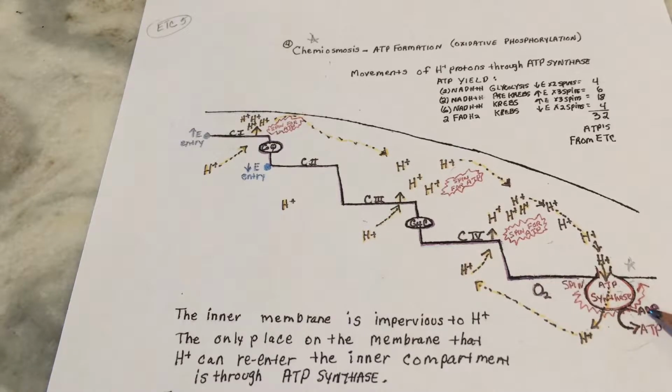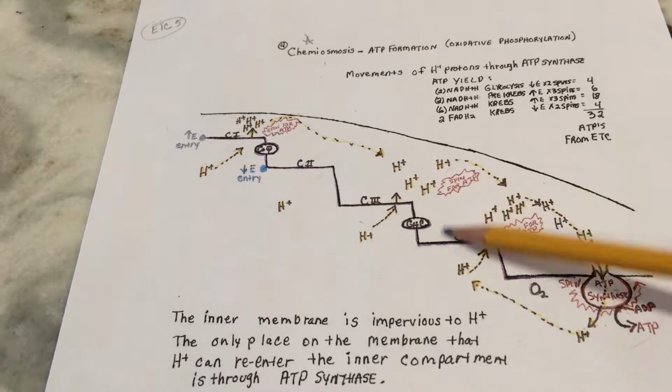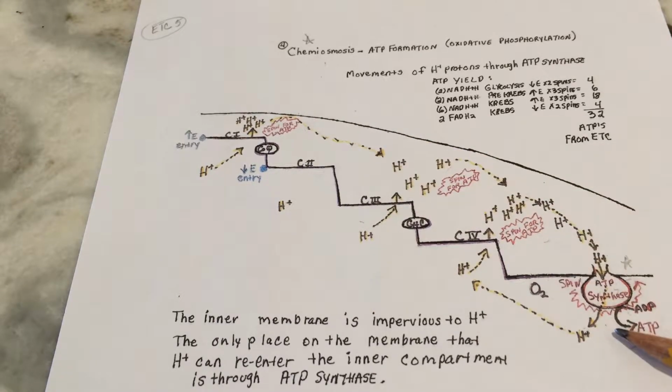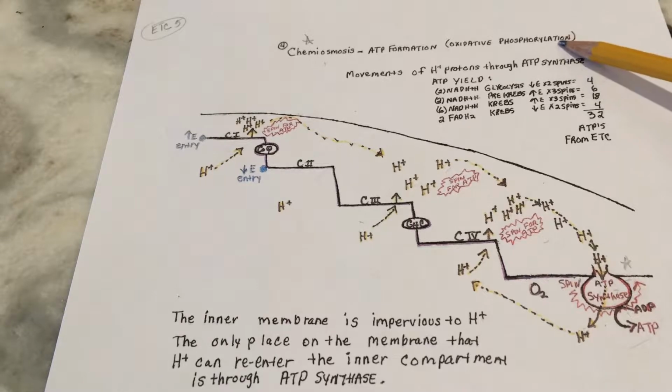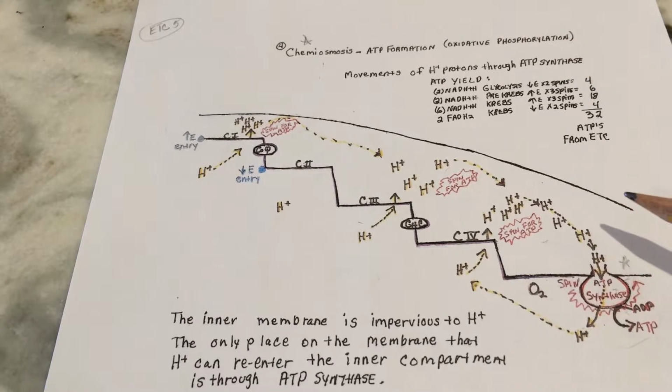Phosphate is added to ADP to make ATP. And because all of these redox reactions have occurred before we can make this ATP, this is called oxidative phosphorylation. That's a test question. The kind of phosphorylation that occurs in ETC is called oxidative because of all of these redox reactions that occur.